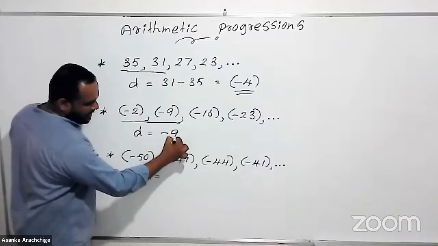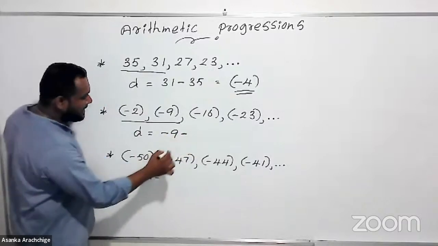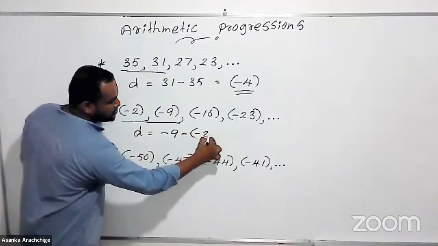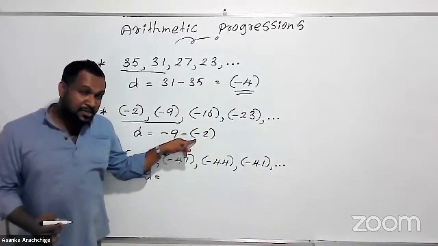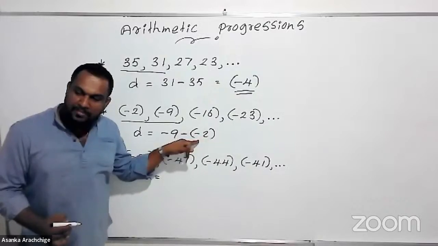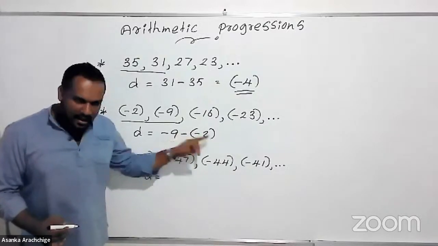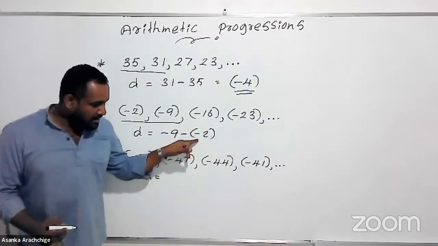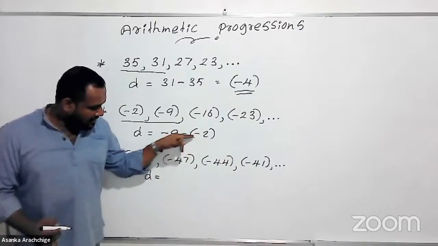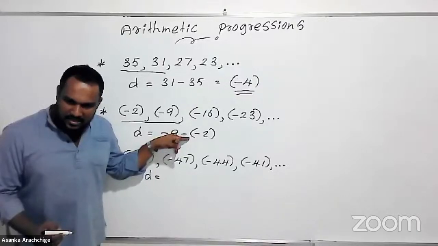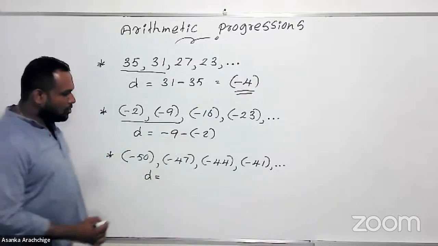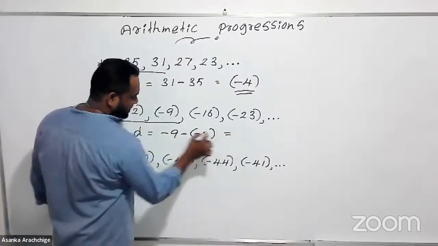Minus 9 subtraction minus 2. When you write minus 2, be sure to write it within brackets. Understood? Otherwise there are two signs at the same place. Now you can remove the brackets.